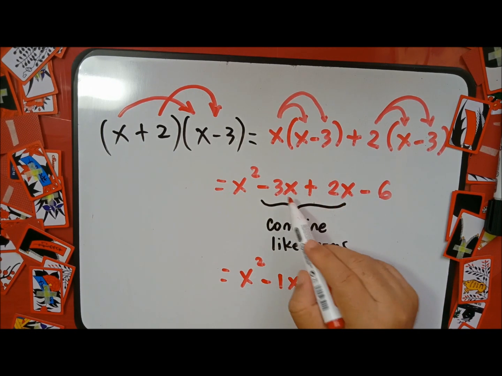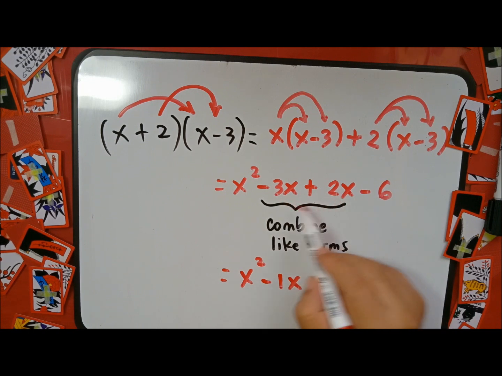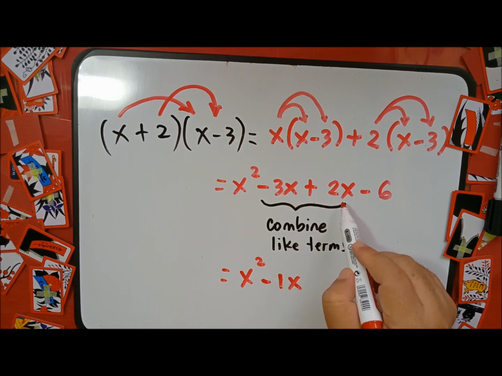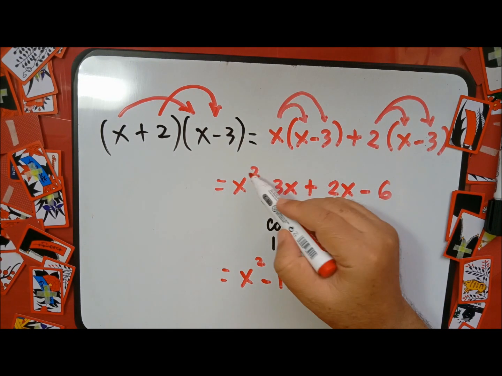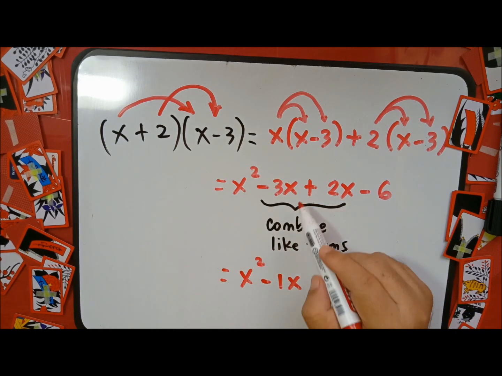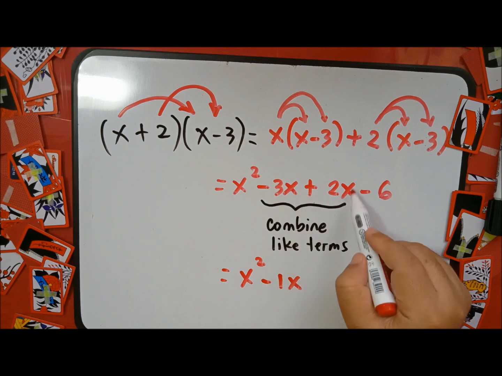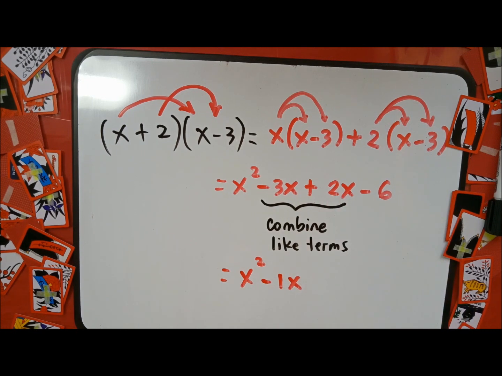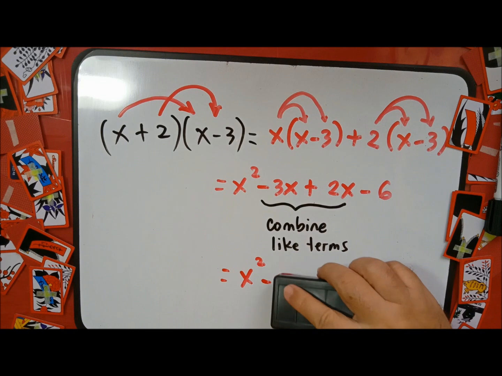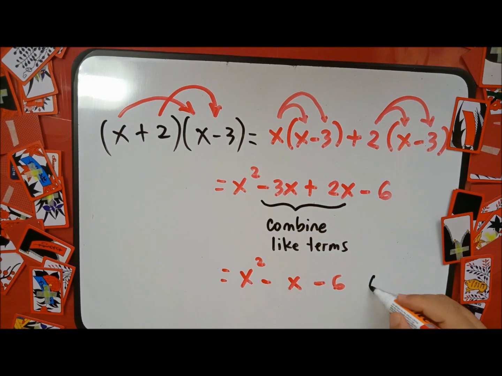We are adding the terms, not multiplying. When we multiply we add the exponents, but if we are adding these terms, just copy the common variable. Now, negative 6. But you have to remove the 1. It is already understood. So this will be your final answer.